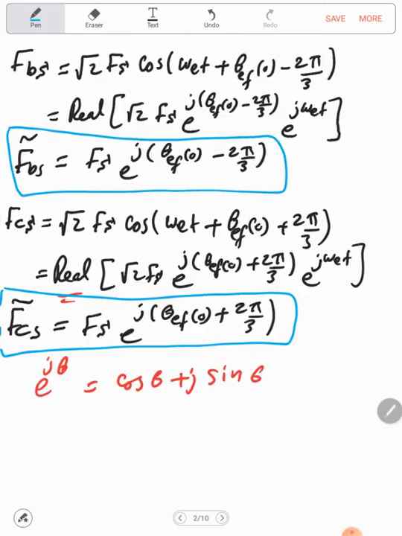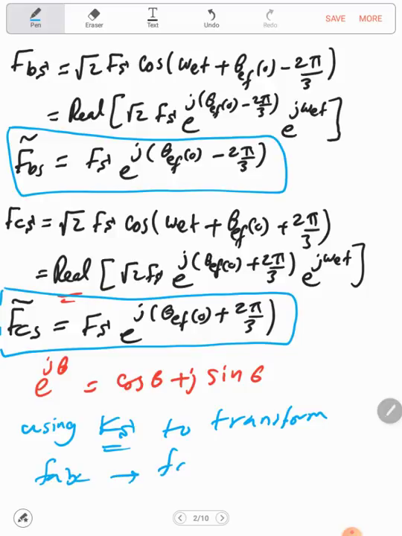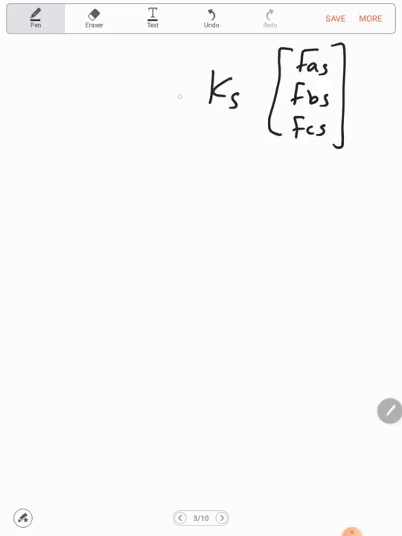Now, if we do the transformation from ABC to the QD reference frame, using the KS transformation matrix to transform the FABC to a function in the QD0, which means that given FAS, FBS, FCS, using the transformation matrix, we can calculate FQS, FDS, and F0S, of course.